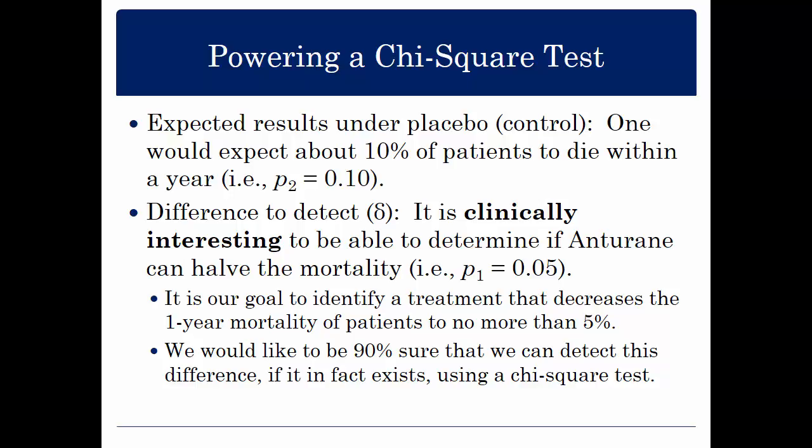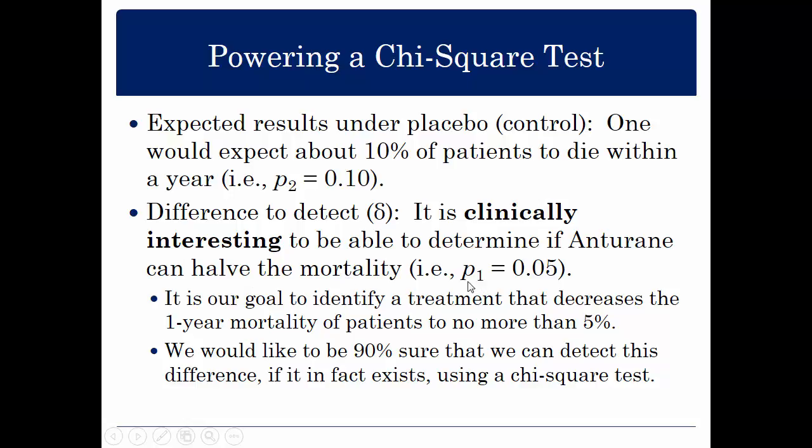Here, we're specifying beforehand what difference we want to see. We're tying it into the statistical significance through the power calculation. So if we get done with our study, we have an adequate amount of data. If that clinically meaningful difference is there, we will hopefully be able to detect it because we have an adequately powered study. Here, we want to be able to determine if the treatment halves the mortality relative to placebo.